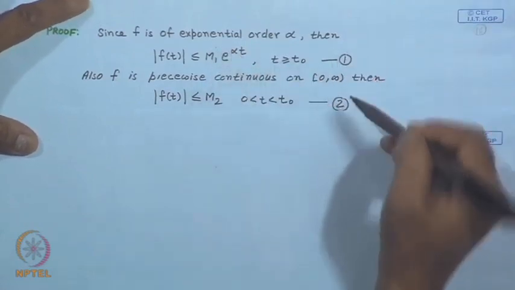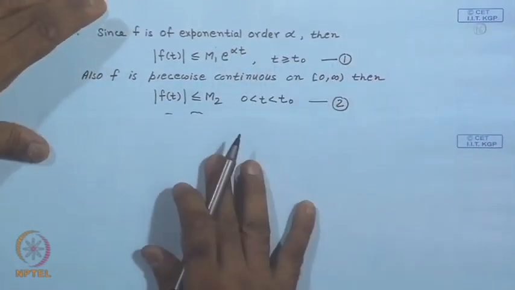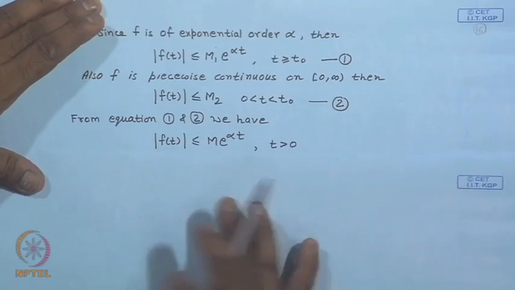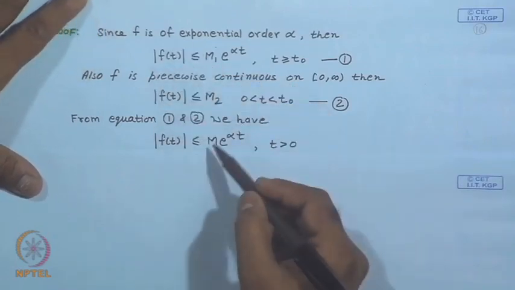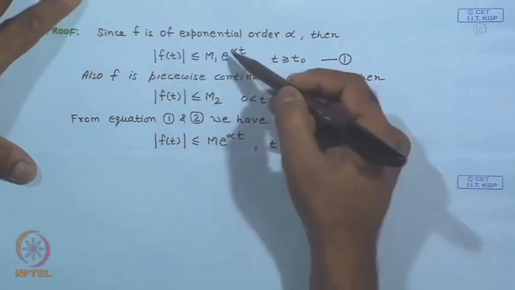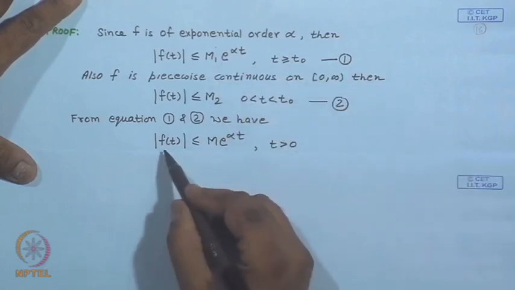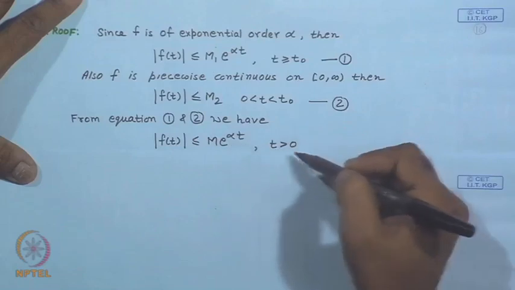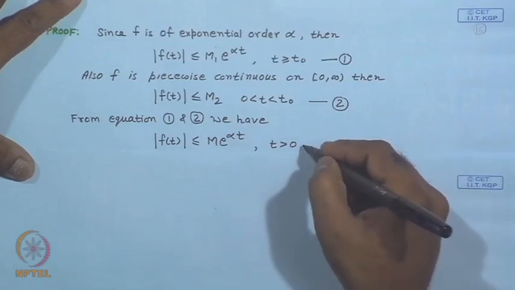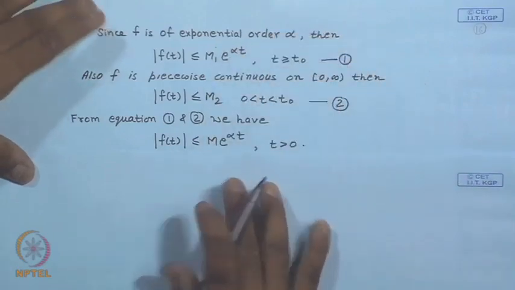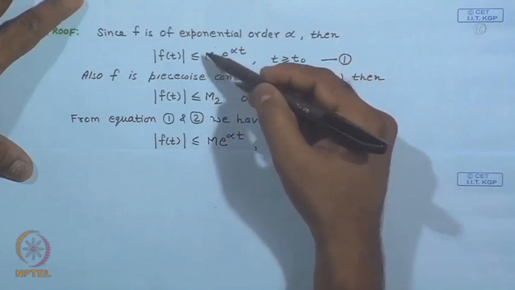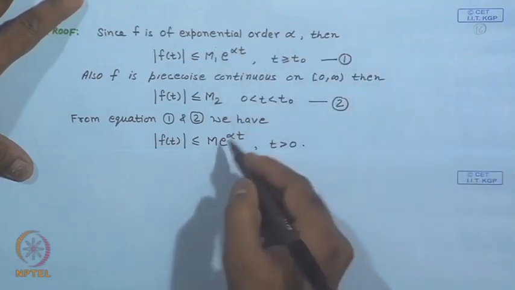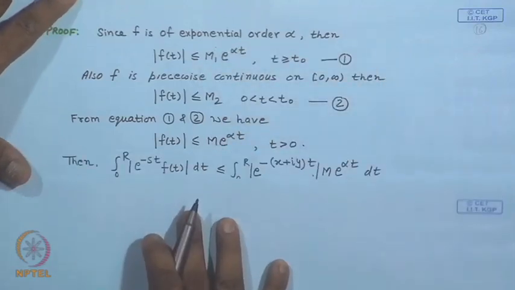We can combine these two conditions to have one bound on f(t) for the whole t. So, we can find an M easily, such that the absolute value of f(t) is bounded by M e^(alpha t) for t positive. And in this case, for example, if alpha is positive, you can simply take the maximum of M1 and M2 to get this M.